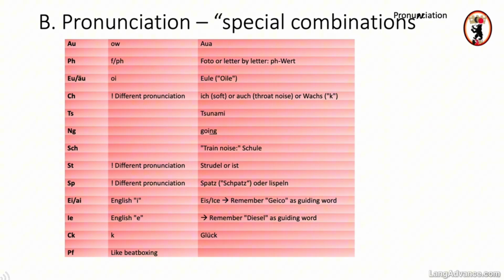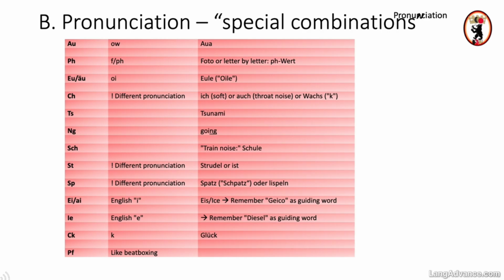Ow is pretty straightforward. It's the sound you make when you hurt yourself. PH is a bit trickier because sometimes it is pronounced as an F and sometimes letter by letter as PH.